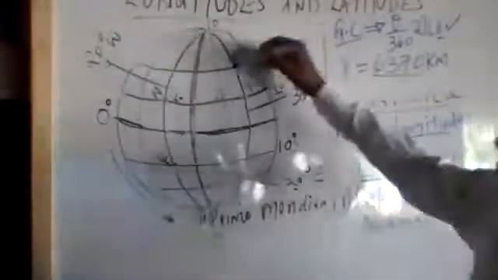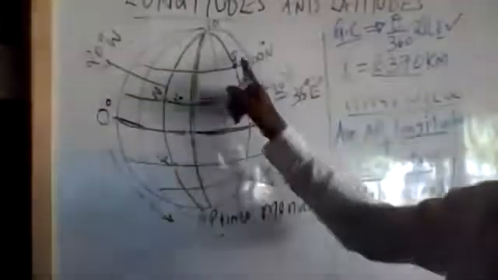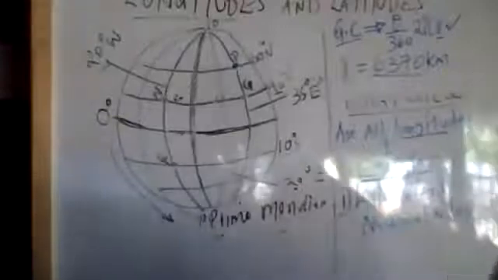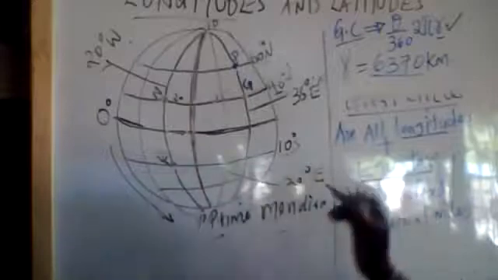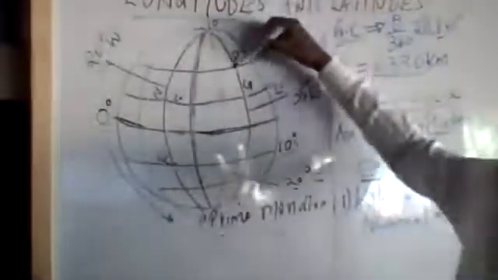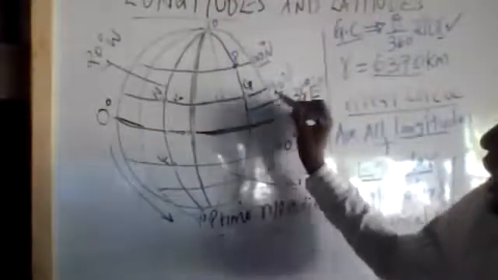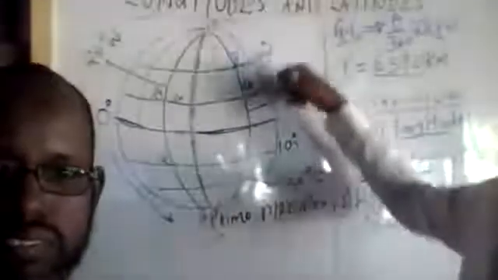I have point P and I have point G, point B there and point G. So the first thing from the formula, what is the angle difference? We are at point P, which is 60 degrees north. G is 40 degrees north also. What is the angle difference between P and G?